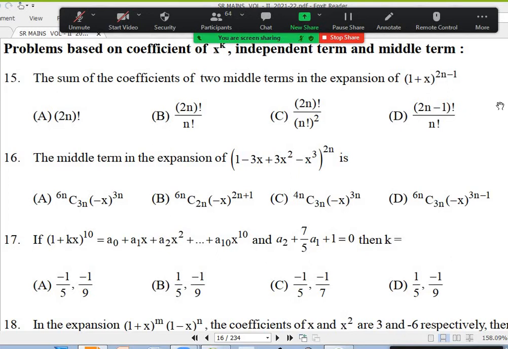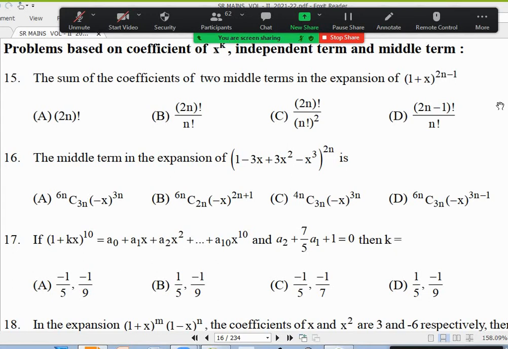In the 15th one, the two middle terms are 2n-1 C(n-1) and 2n-1 Cn. One will be this minus 1 by 2, one will have this plus 1 by 2. Normally we had the formulas nC((n-1)/2) and nC((n+1)/2). These are the binomial coefficients of the two middle terms when n is odd.